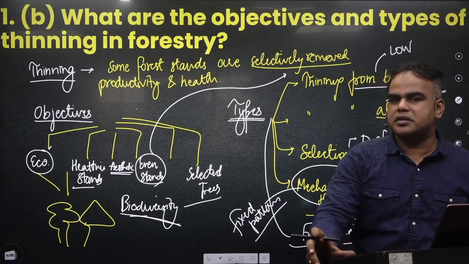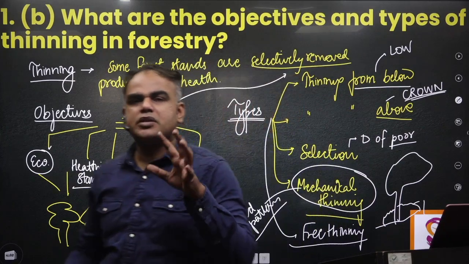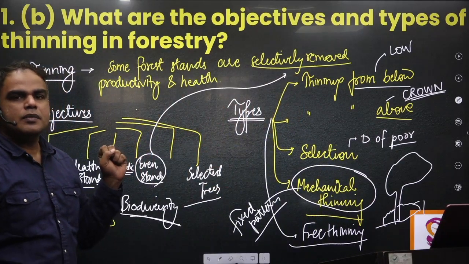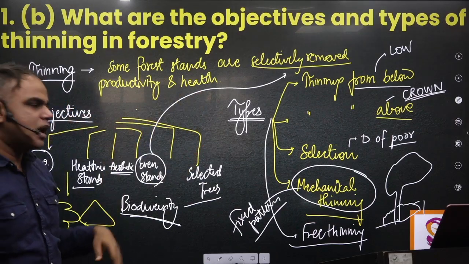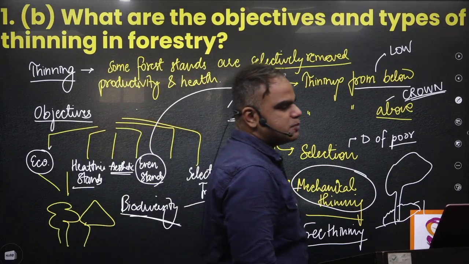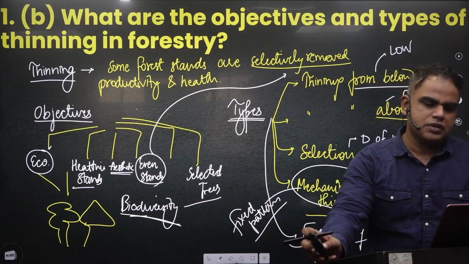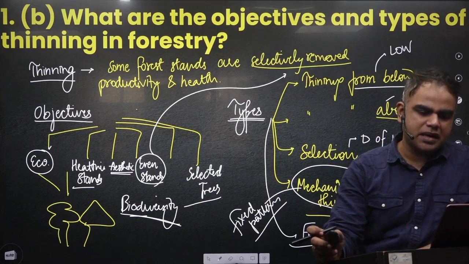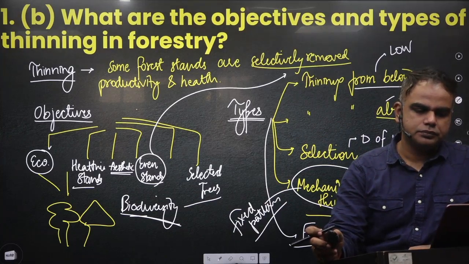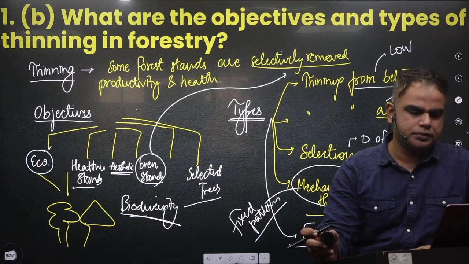In the earlier selection thinning, we had to identify this is the tree I want to save, this is the tree I want to remove. But in this case, uniformly the trees are going to be cut based on certain fixed patterns. That is the overall mechanical thinning, also known as systematic thinning. That is what you can mention here.